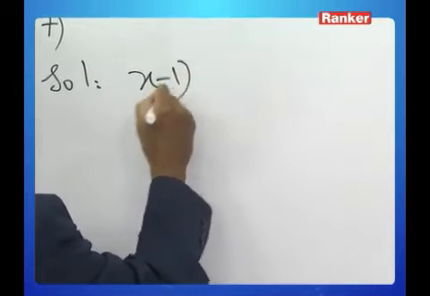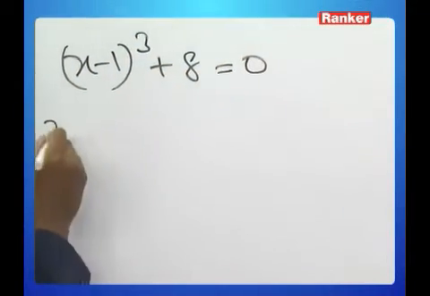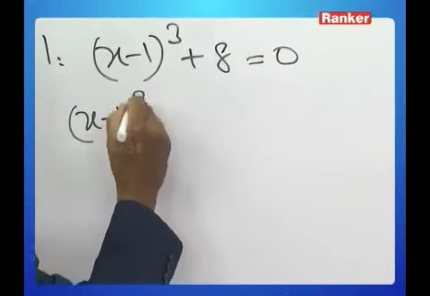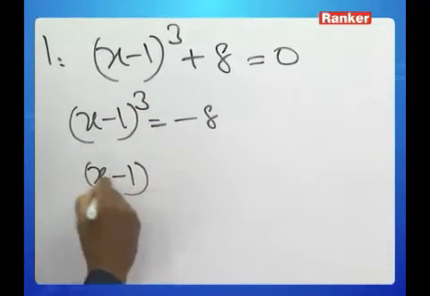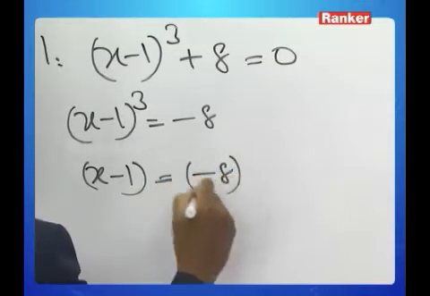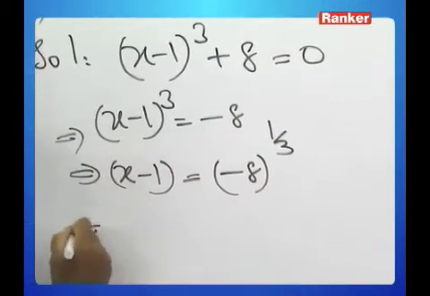Question number 17. (X minus 1) whole cube plus 8. (X minus 1) whole cube is minus 8. Now x minus 1 is (minus 8) whole power 1 by 3.